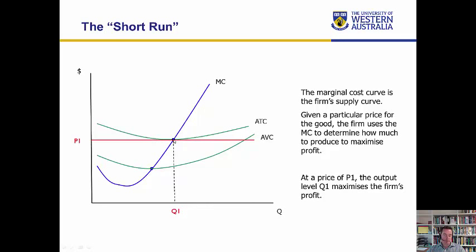And this is the position where I've got the ATC curve. That's quite a typical starting point for analysis in microeconomics. So I've got the price line tangential to the minimum point of the ATC curve. What we've got here is a situation where a firm is earning P1 per unit, they're producing Q1 units, so their total revenue is P1 times Q1.